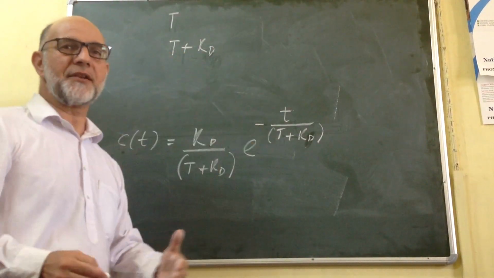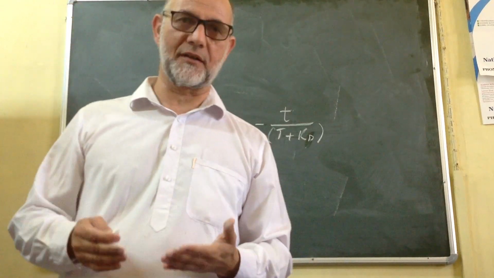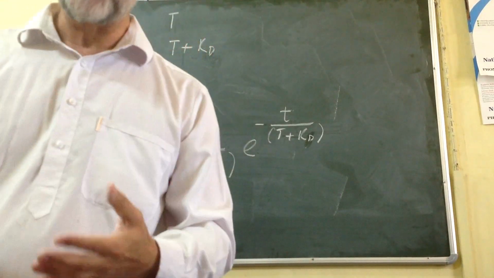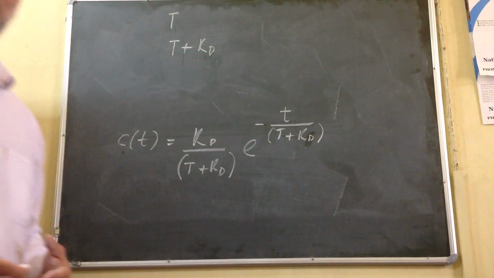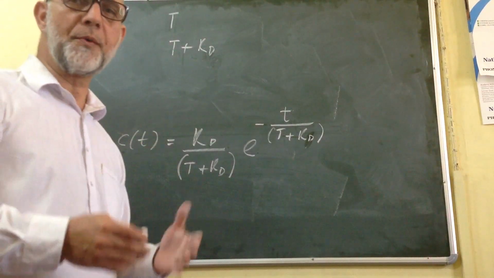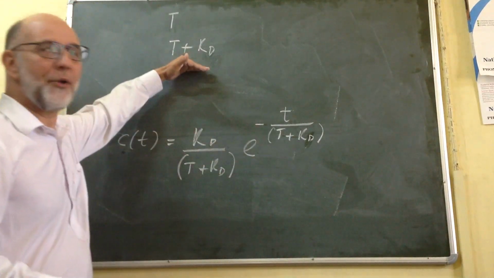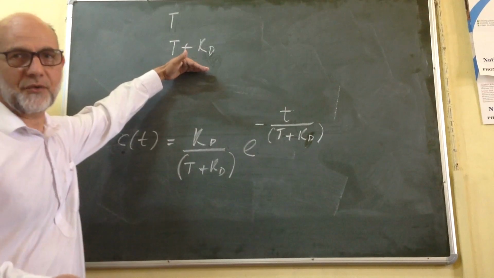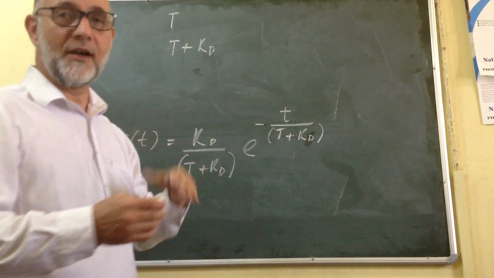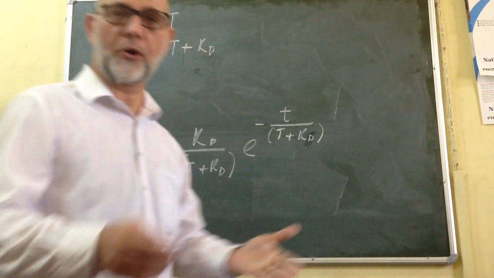What we effectively have done is increase the time constant of the system. So a system which was fast or reasonably fast in the open loop has now become slower, has become sluggish. This is one implication of derivative control.